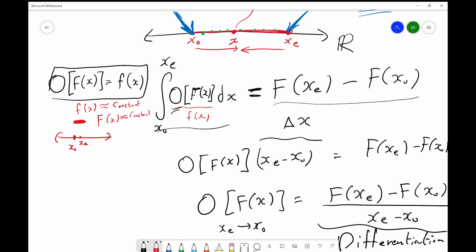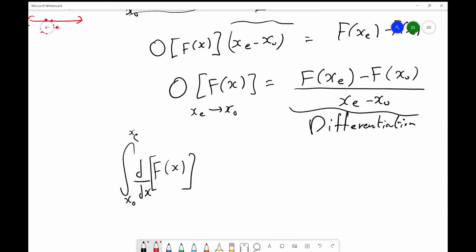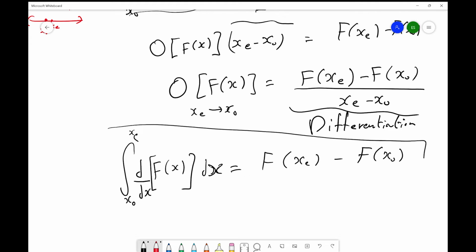I wanted to assume a general operator, which turns out to be exactly the differentiation operator, right? Dx, this equals F(xe) minus F(x0). This is the fundamental theorem of calculus. Right? And this is how we can define differentiation if we start calculus from integration.